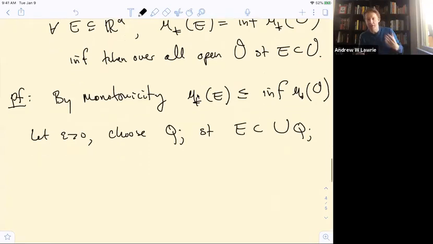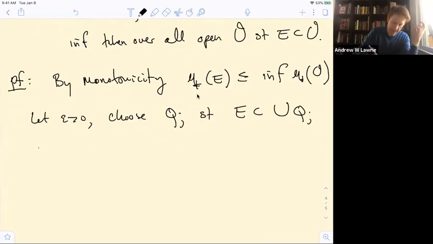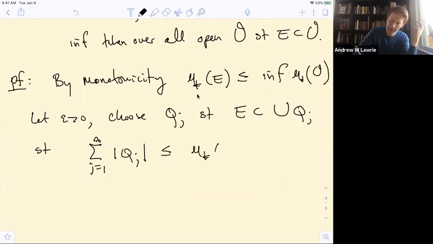So now we're going to choose one of these almost realizers of the inf: cubes Qj such that the sum from j equals 1 to infinity of the volumes of the Qj's is less than or equal to μ*(E) plus epsilon over 2.